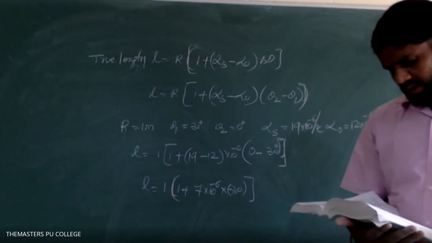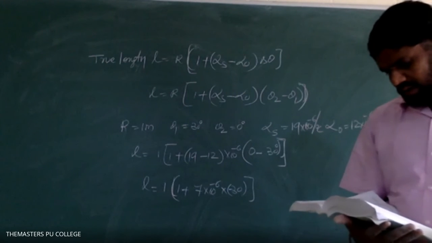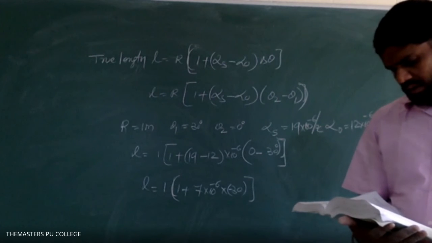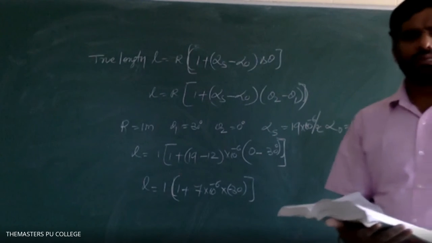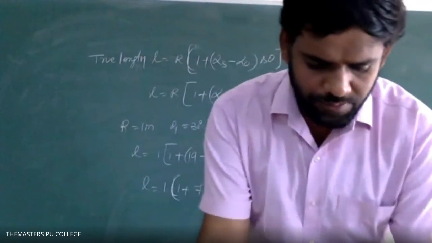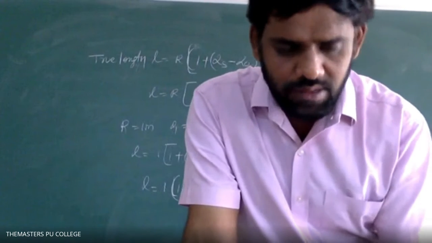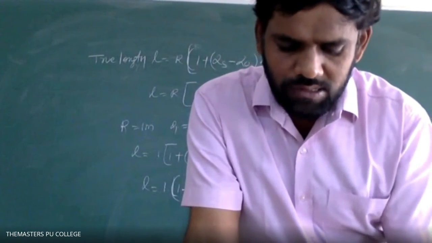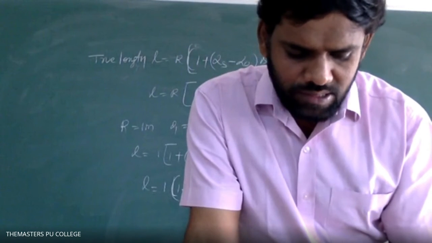Steel rod at 30 degrees centigrade is observed to be 1 meter long. The brass scale is used. Why it is plus only, I'll tell you. Actually, the brass scale gives the correct measurement at 0 degrees centigrade.